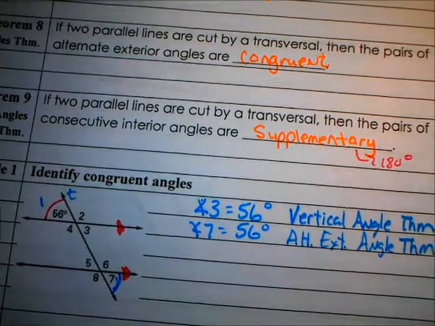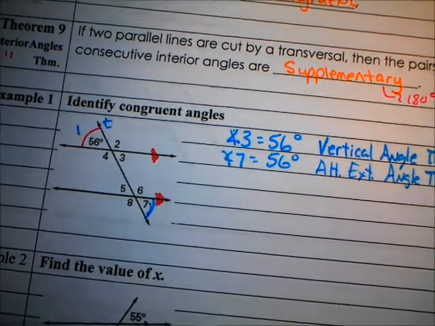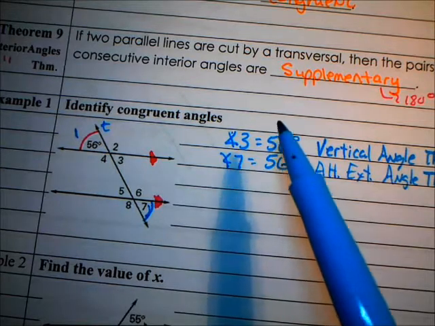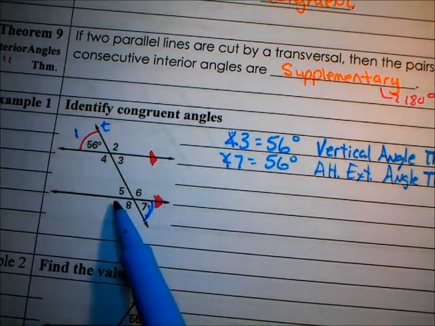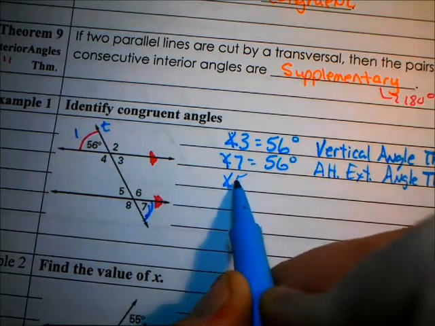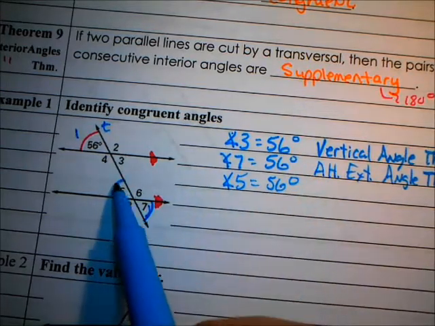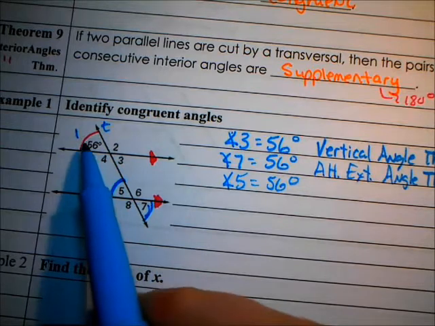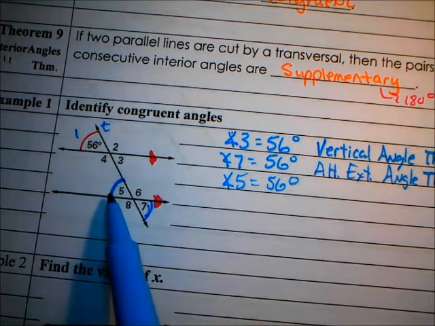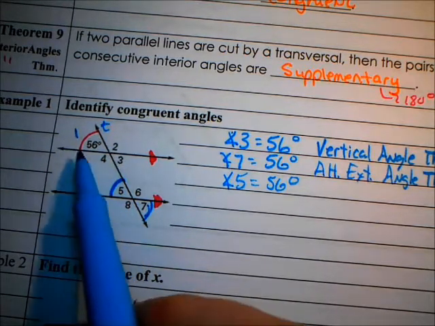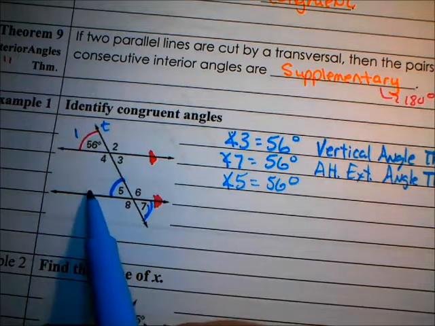Okay. Looking at it, I have another angle that is going to be congruent, and I'd have to say that that would be angle 5 right here. It would be congruent to the 56 degree angle because 1 and 5 are actually corresponding.